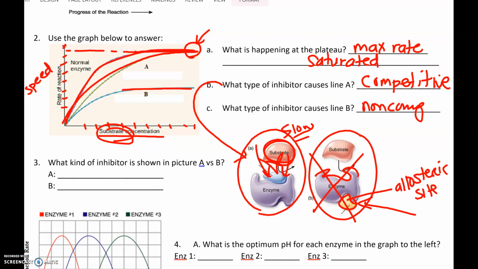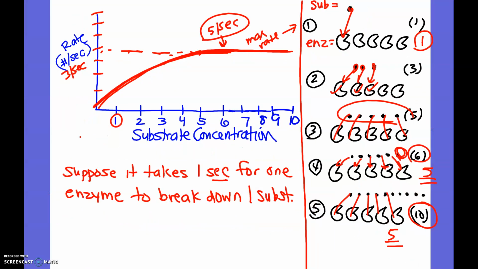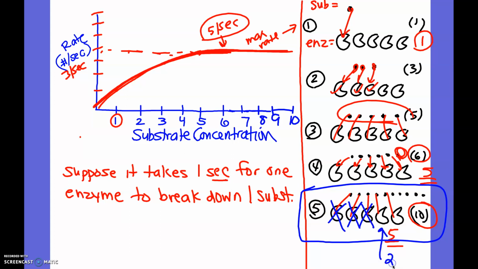So let's go back to this picture. So what if I added 3 non-competitive inhibitors to scenario number 5? 1, 2, 3. Now, what's the max rate I can do? Oh, I can now only break down 2 substrate molecules per second.